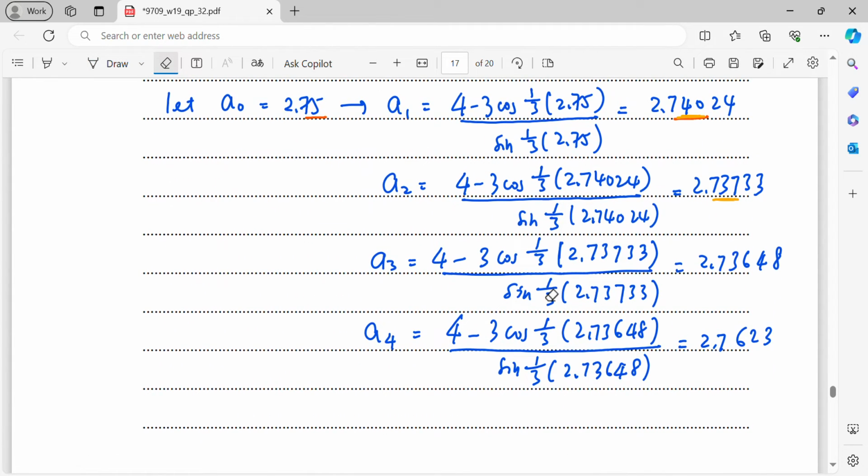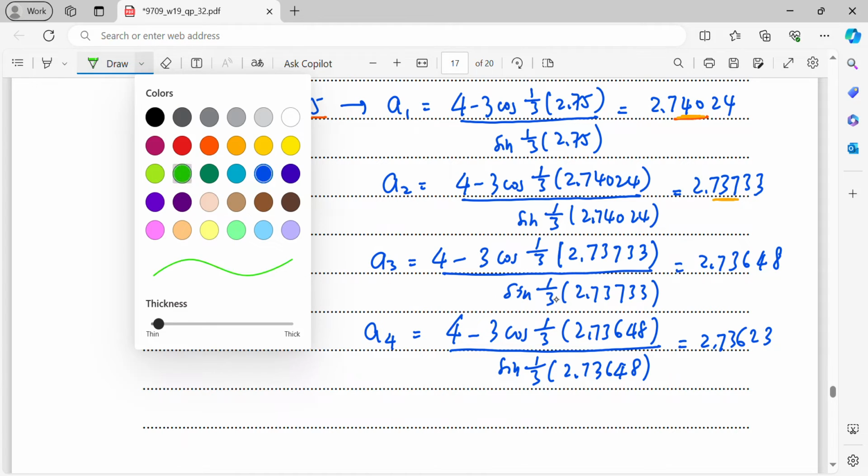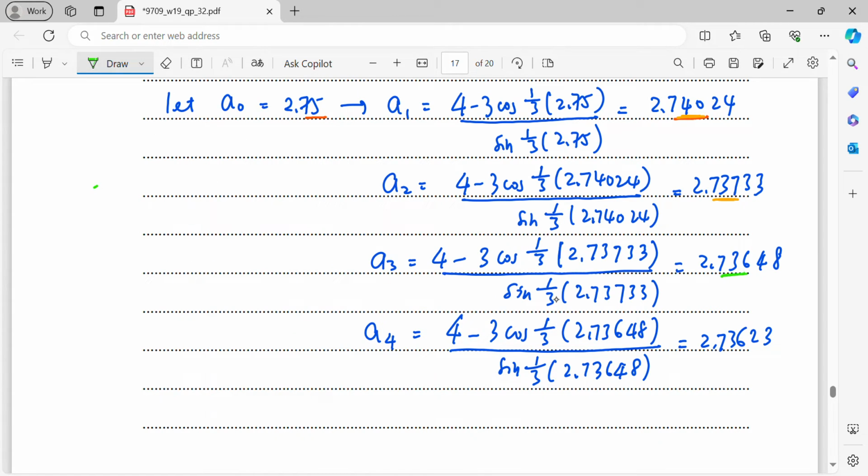Okay, so now you are getting the identical 3 decimal places. Therefore, refer to the last value and refer to A4 and decide whether you want to round up or not. So since it is 2, that means I will just ignore the 2. Okay, so my A is approximate to 2.736. So that is the solution of A.